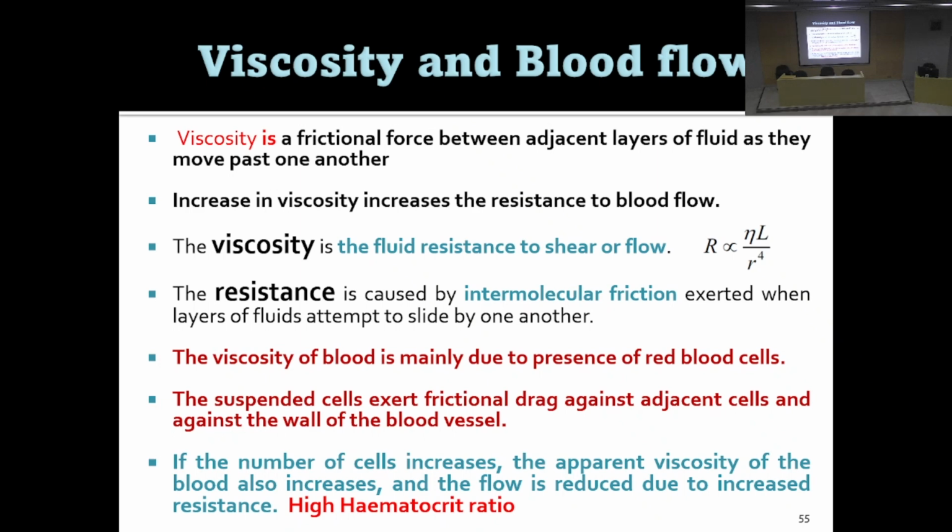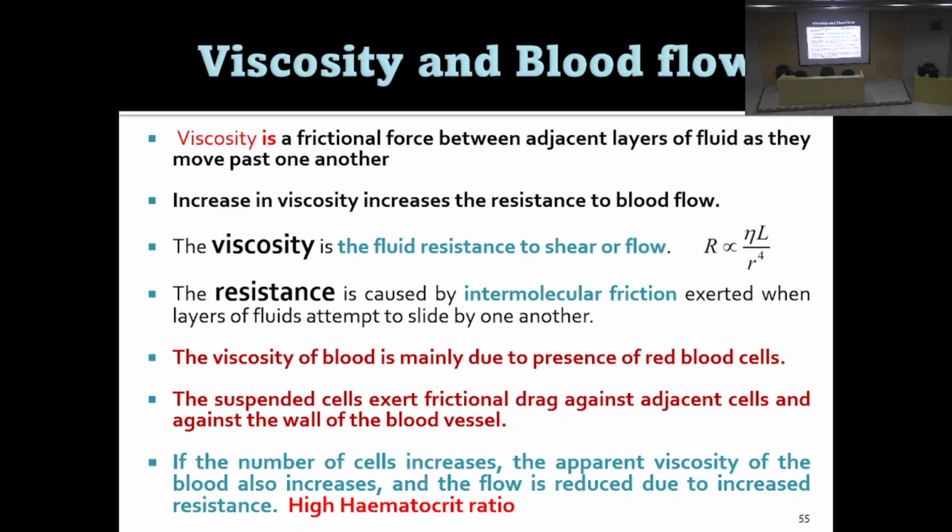So the viscosity of blood is mainly due to the presence of red blood cells. The suspended cells exert a frictional drag between them. What do I mean by a drag? One of them pushes down and goes into the flow, moving, collecting in the middle or not. So as the number of cells increases, the apparent viscosity also increases.